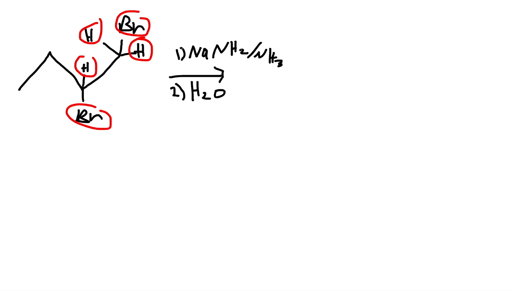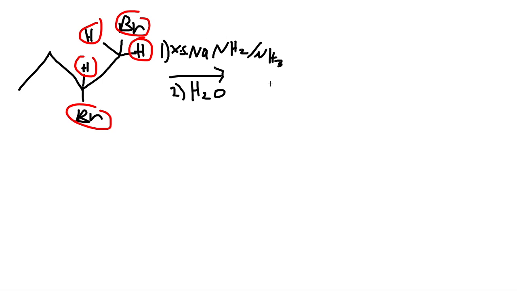In this case we have three hydrogens, so we have to put excess, meaning more than one, basically two or more, of NH2, because we have three hydrogens. That means like three equivalents or two equivalents of NH2.